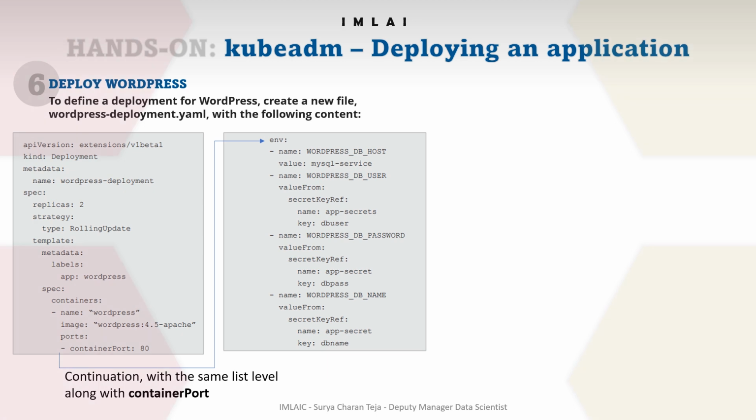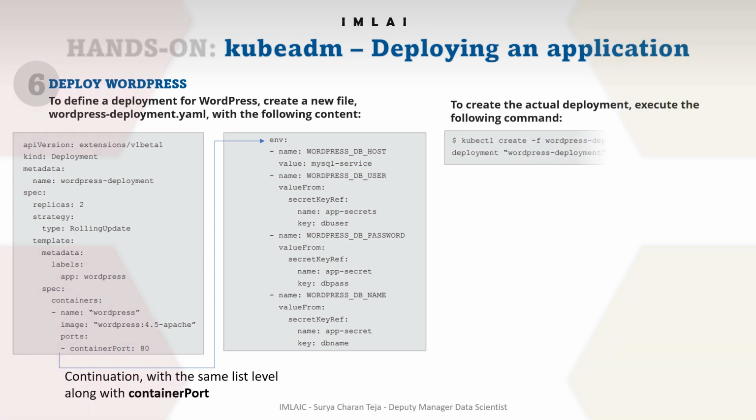And then we have WORDPRESS_DB_PASSWORD, that's also secretKeyRef. And WORDPRESS_DB_NAME, that one is also from db name. Now let's create the actual deployment. Execute the command kubectl apply -f wordpress-deployment.yaml, and then the WordPress deployment object was created.